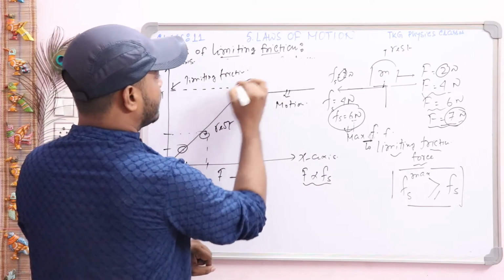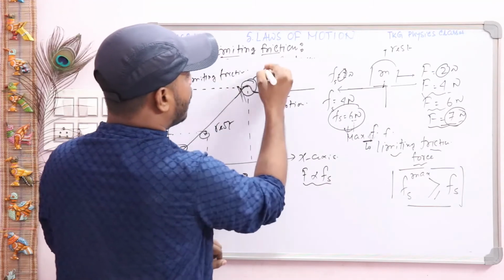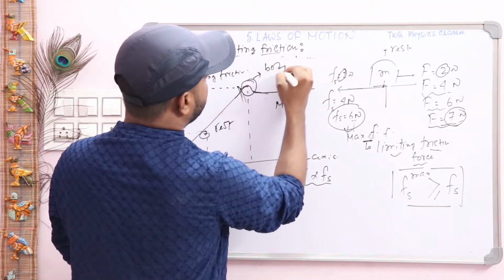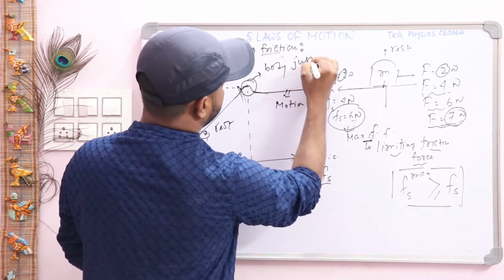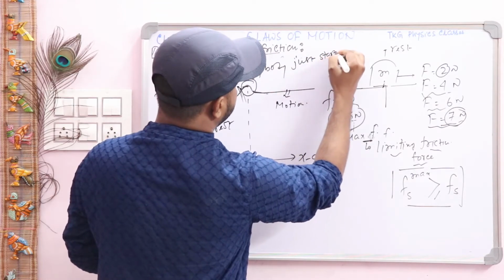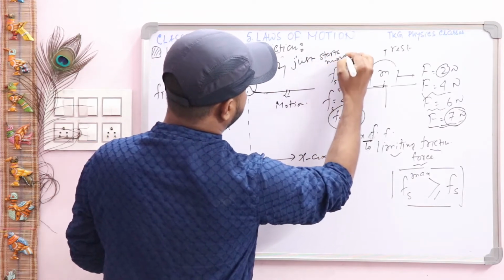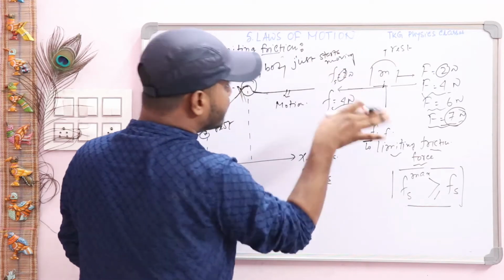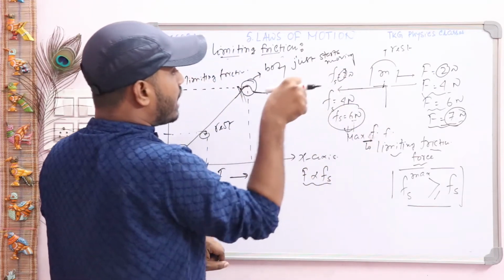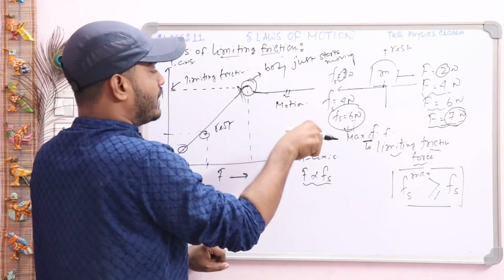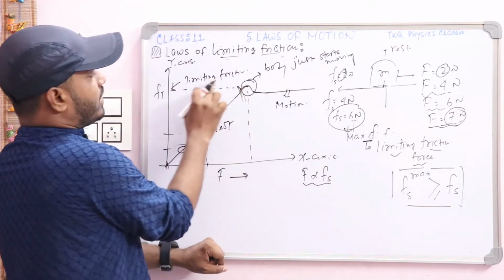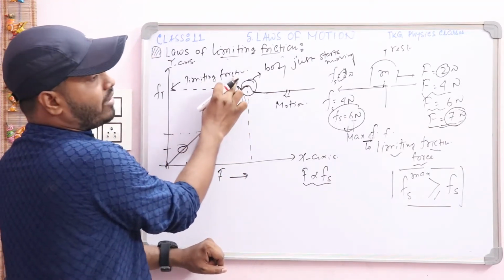At this region, the body just starts moving. When the body just starts moving, the frictional force is maximum, and this maximum frictional force is known as the limiting frictional force.